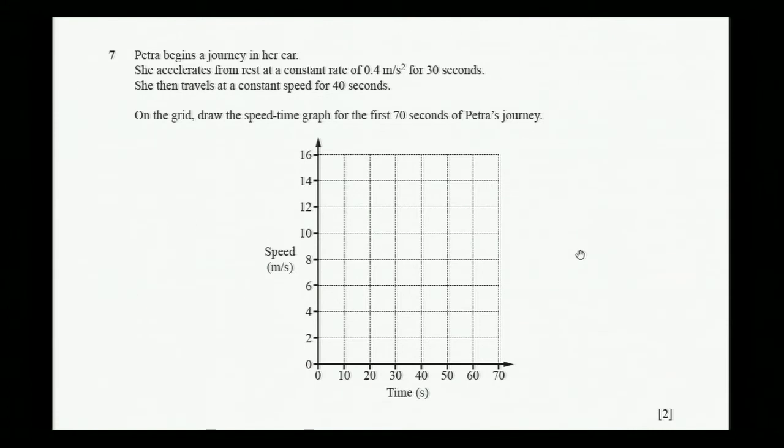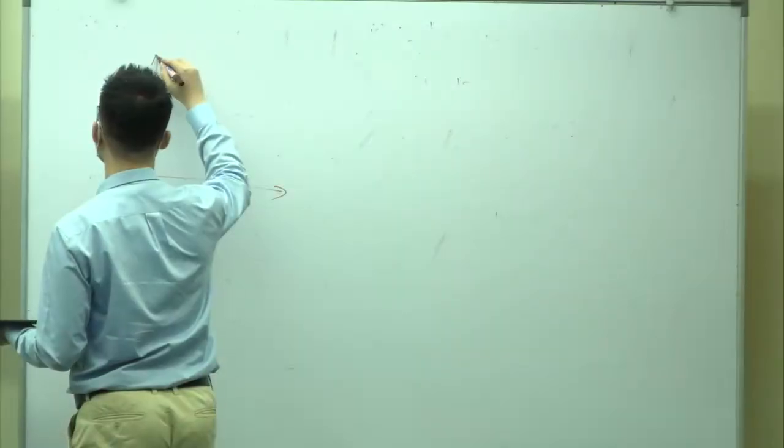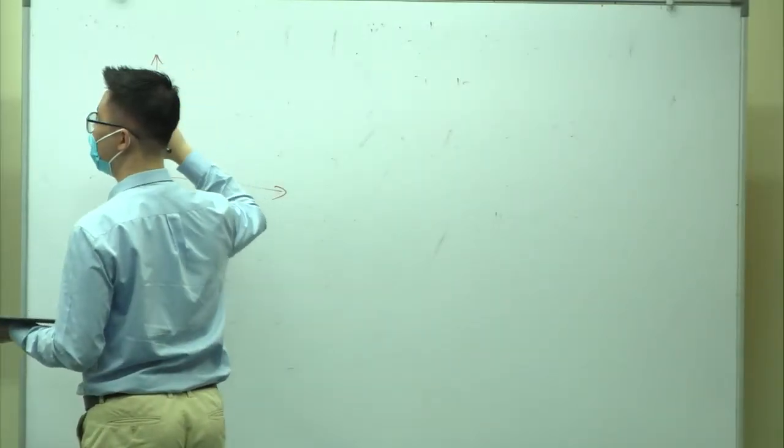Not a horizontal straight line, but a straight line that has a gradient. And that gradient will be positive because the acceleration is positive. So we're going to draw the straight line that is moving upward.